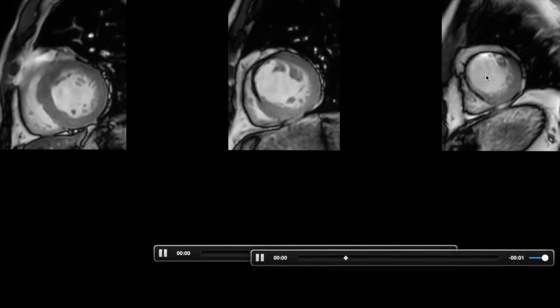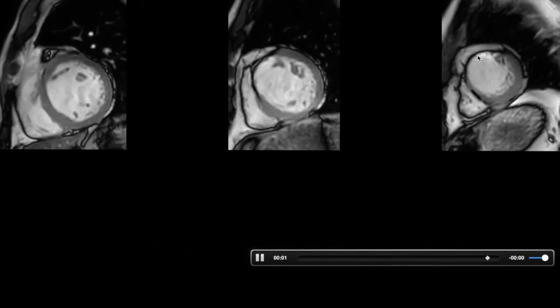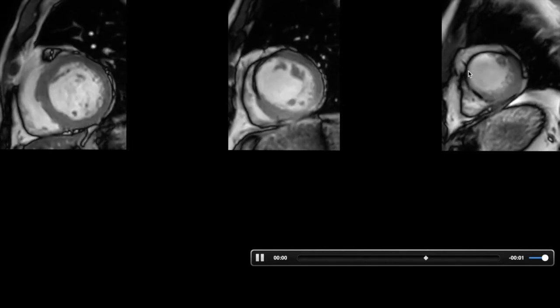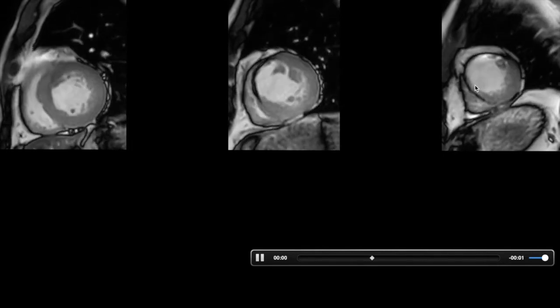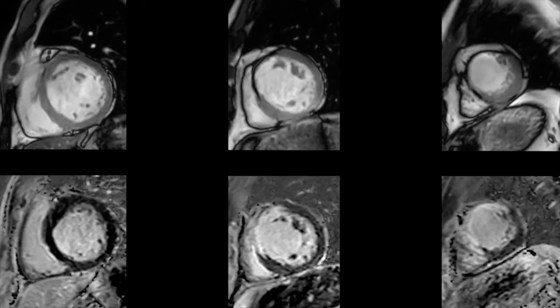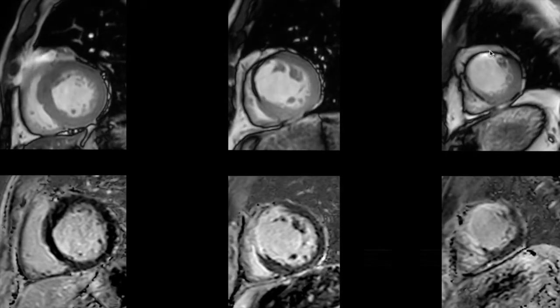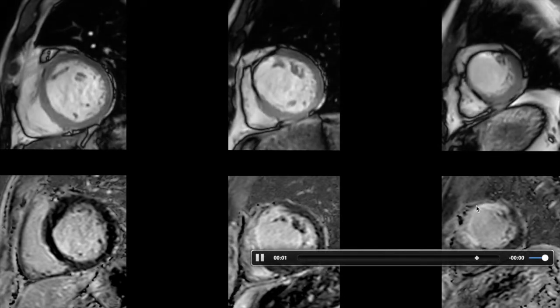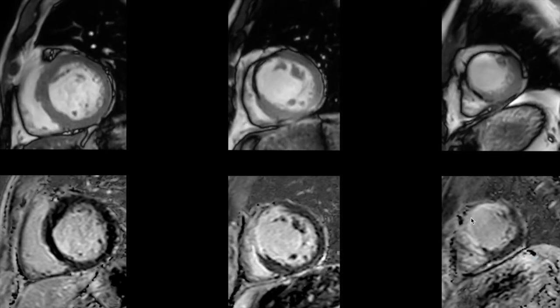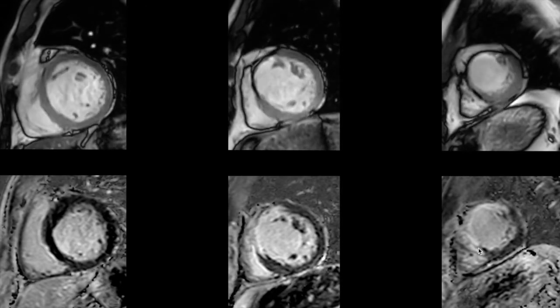When we look at the apical cavity, the apical anterior segment is thinned out, so is the septum in the apical cavity.